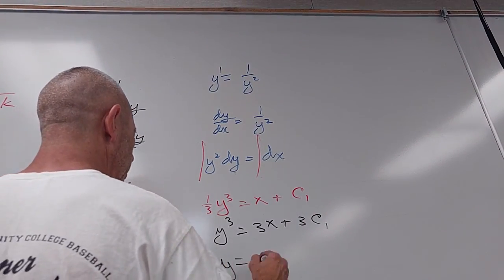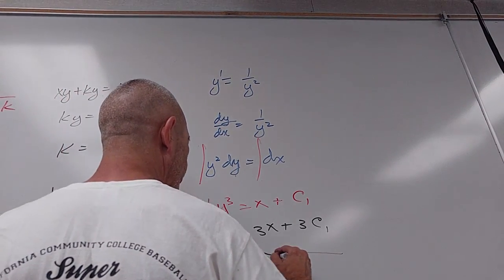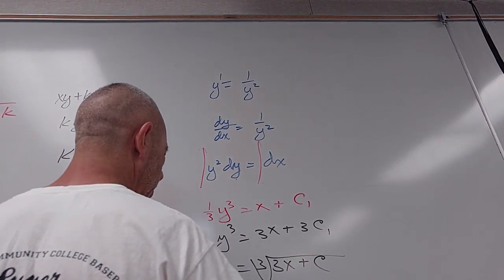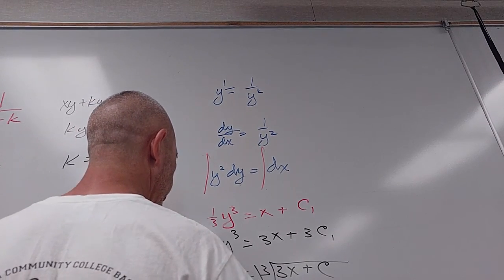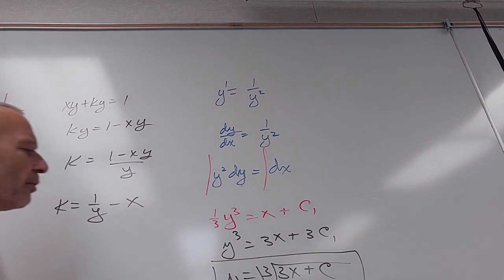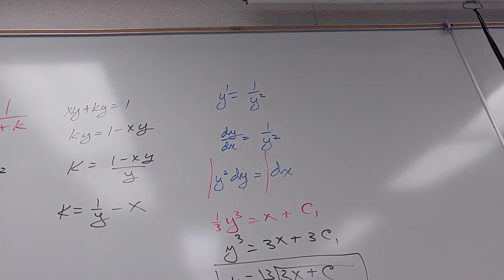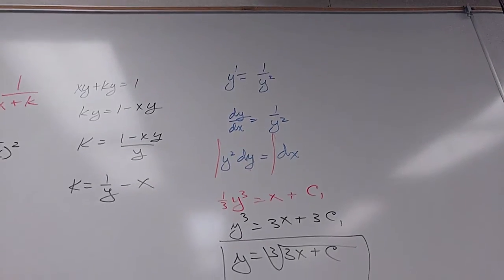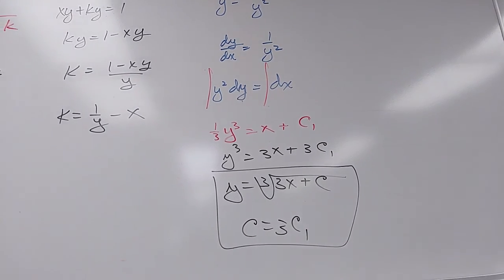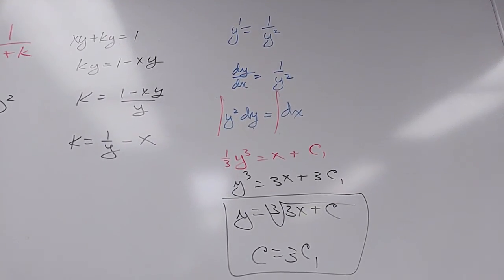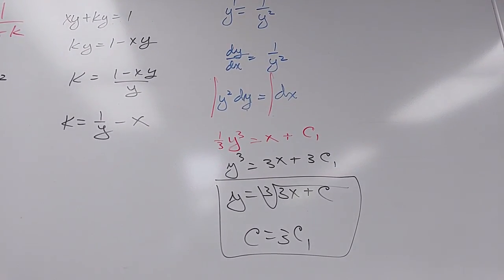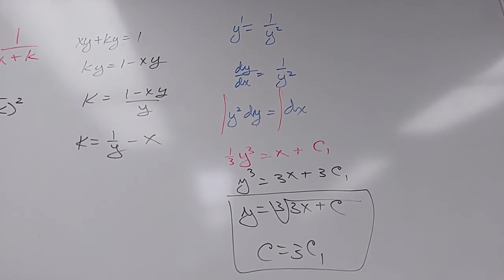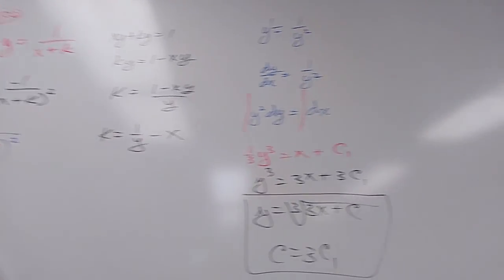And y is the cube root of 3x plus c, where c is 3c1. For the answer, do we have to put like c equals 3c1? Yeah, you should. I probably won't get too upset as long as it's there somewhere.